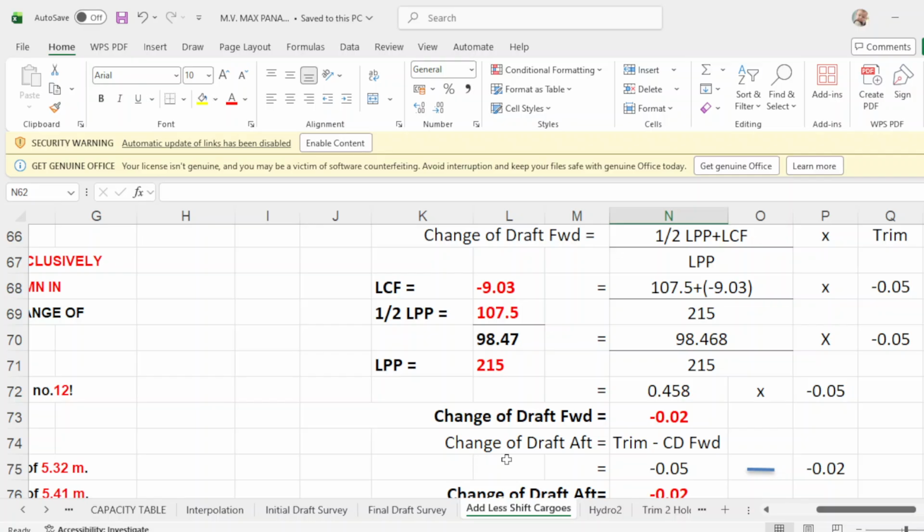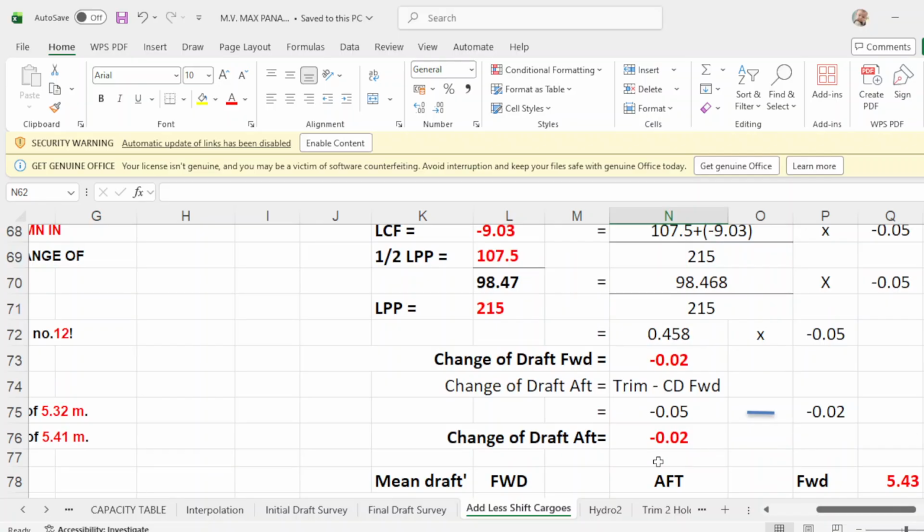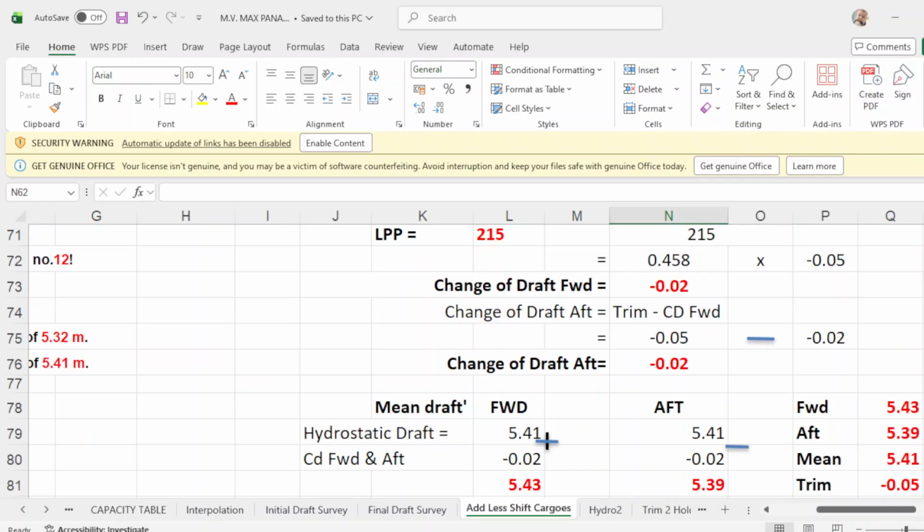To get the change of drop aft, it's just your trim of negative 0.05 minus your change of drop forward of negative 0.02, and your change of drop aft will be negative 0.03.